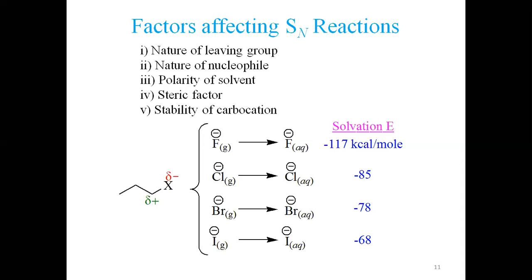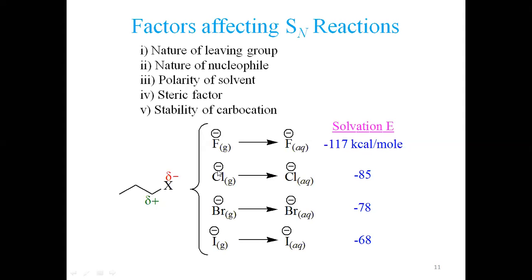During the process of solvation, some energy is liberated when an ion from the gas phase is solvated by a solvent. Because we are using water, this is called aquation or solvolysis by water. If it is a fluoride ion, it liberates minus 117 kilocalorie per mole.